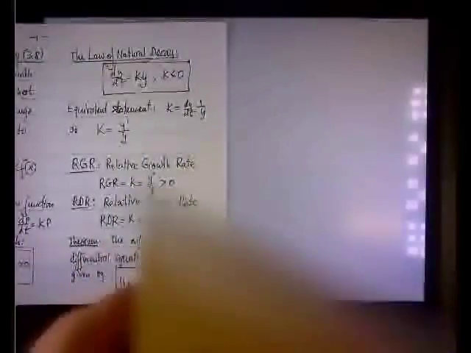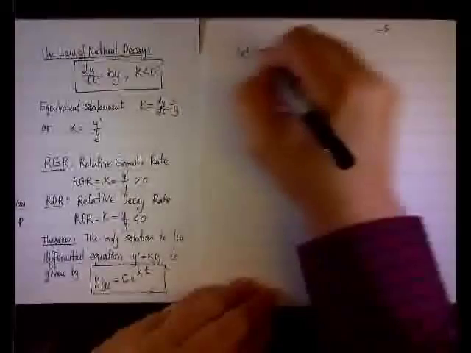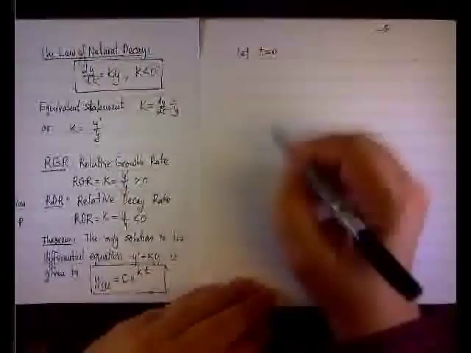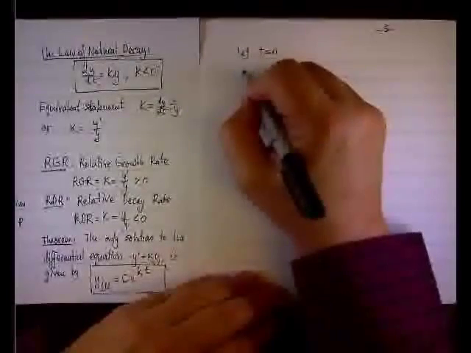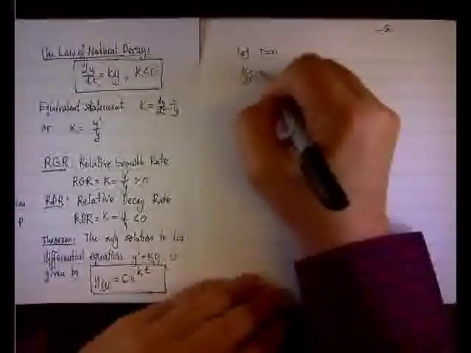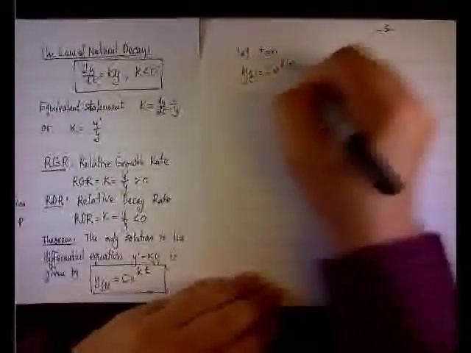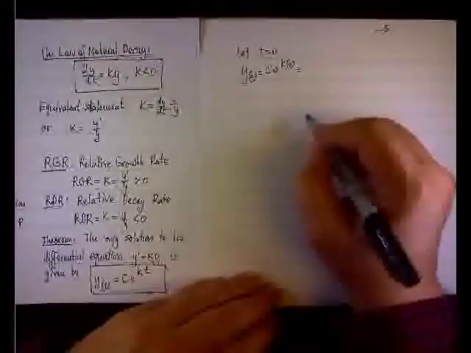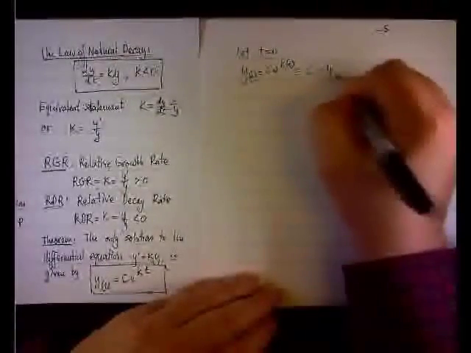A little modification will reveal the following. Again, this is something you should already know, but if I let t equal 0, and let y of 0 equal c e to the k times 0, and e to the 0, of course, is 1, so it's equal to c, and we call this constant y sub 0.